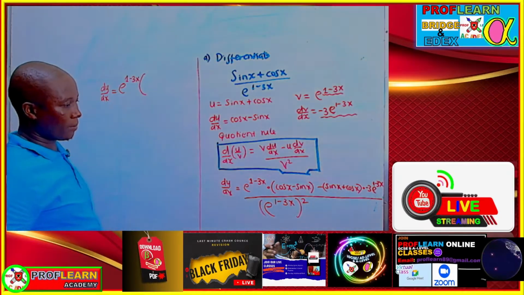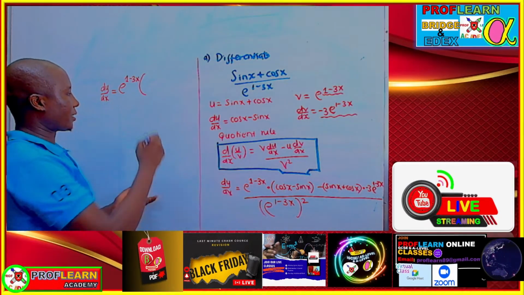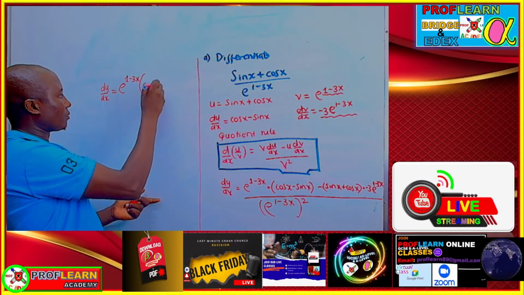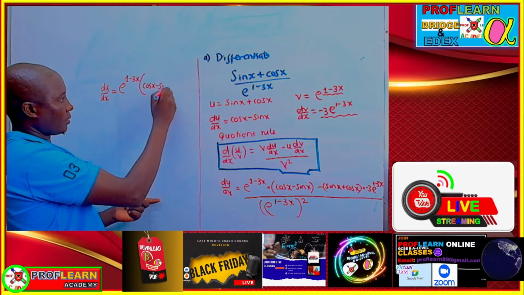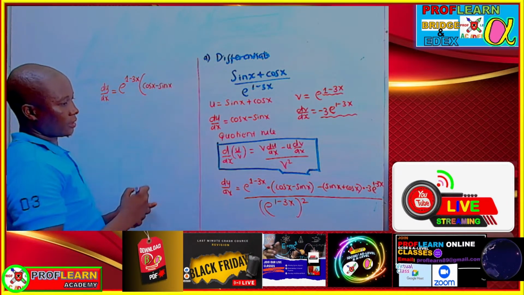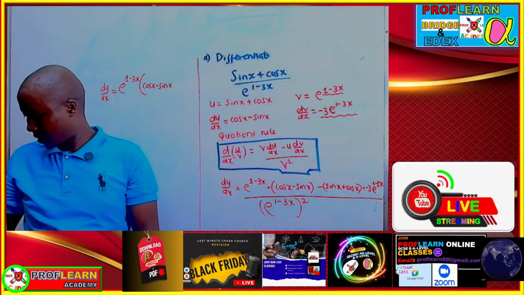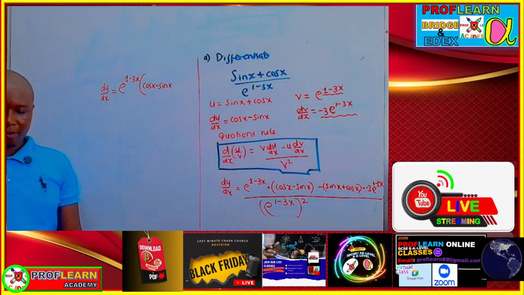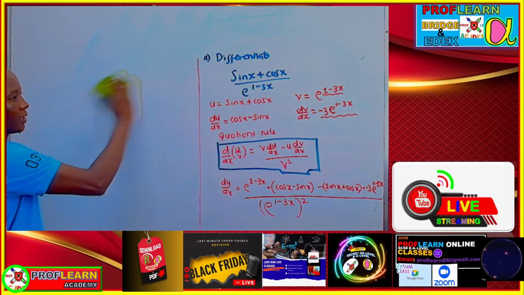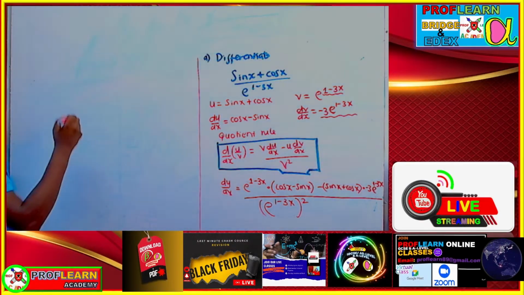We remain inside the bracket with cos x minus sin x. I think that space is not going to be enough. Let me give myself quite enough space.